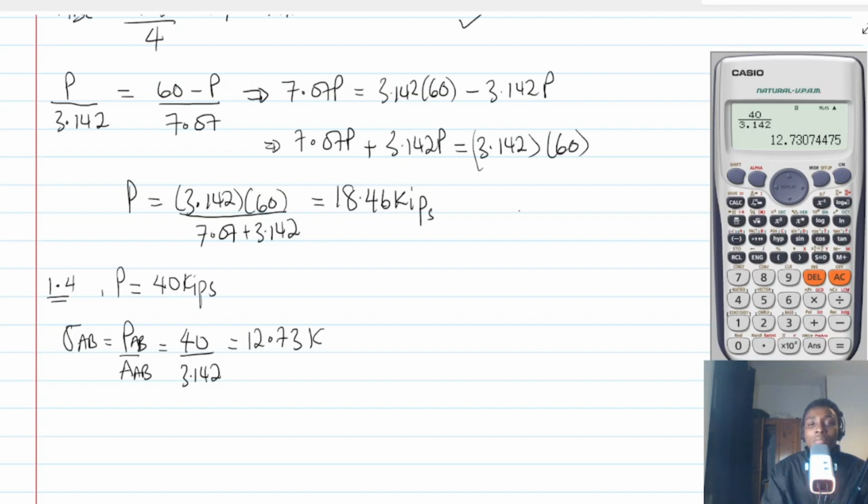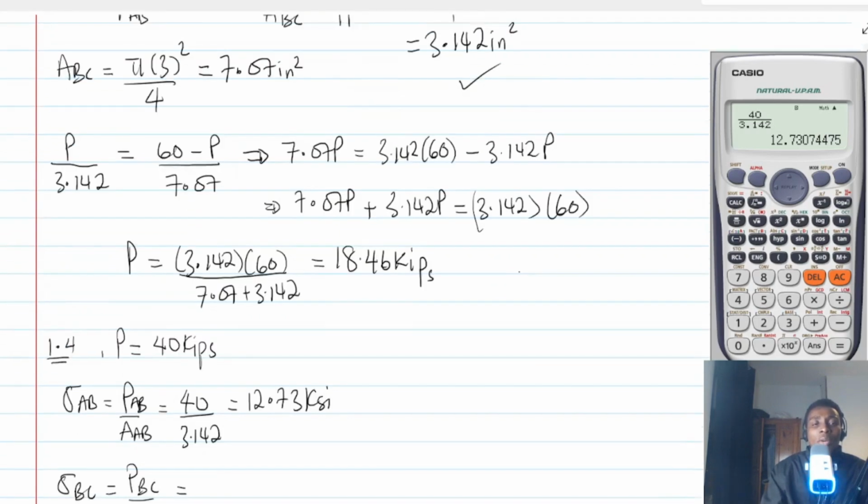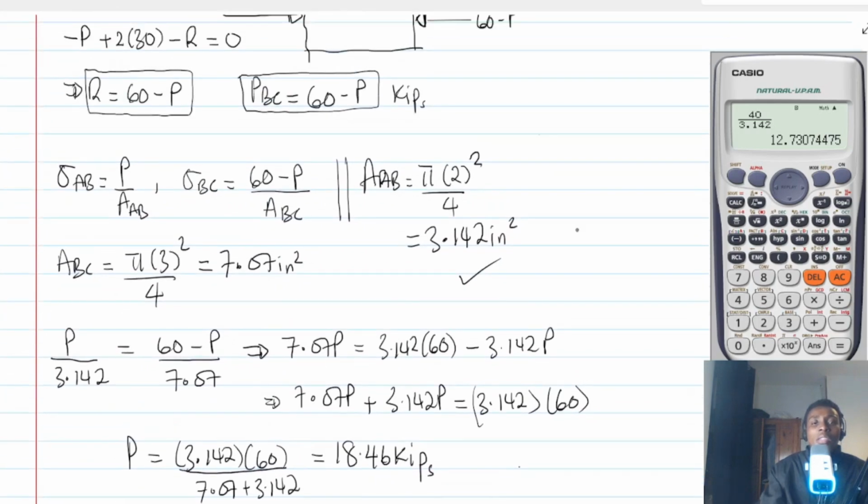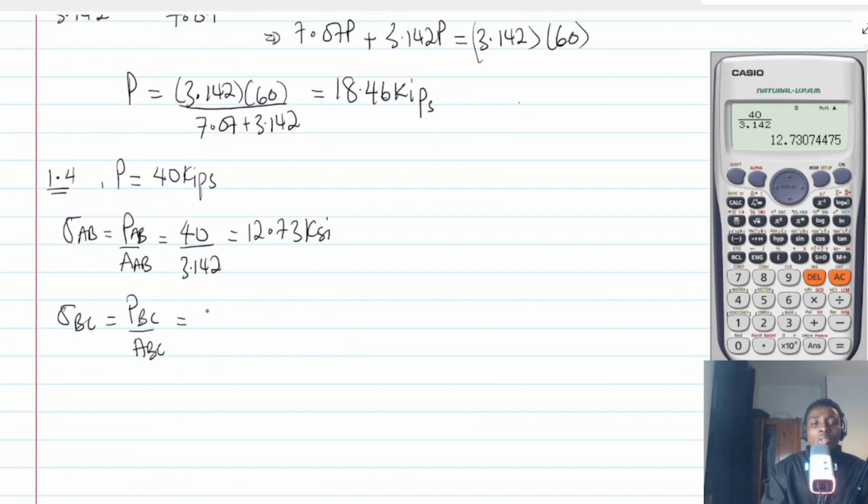So that is it. And then this time around, we are going to calculate for BC, in ksi. I think you are familiar with what you are doing now. So this one is going to be PBC divided by area BC. But what is PBC? PBC is 60 minus P. So if PBC is 60 minus P, then it's going to be 60 minus 40.